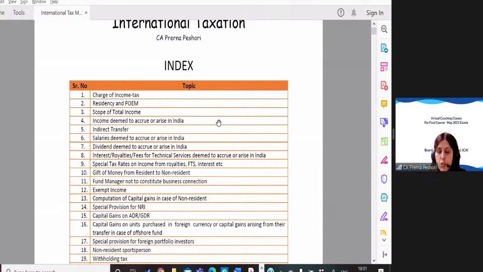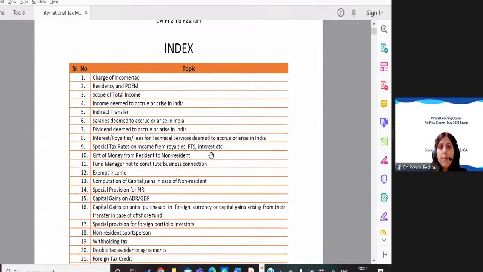We would be looking into it and solving a lot of problems based on that. The withholding tax part, the TDS part with respect to the non-resident, all of that we are going to cover, and then it will be followed by double tax avoidance agreement and advance ruling procedures. So quickly beginning with the class.